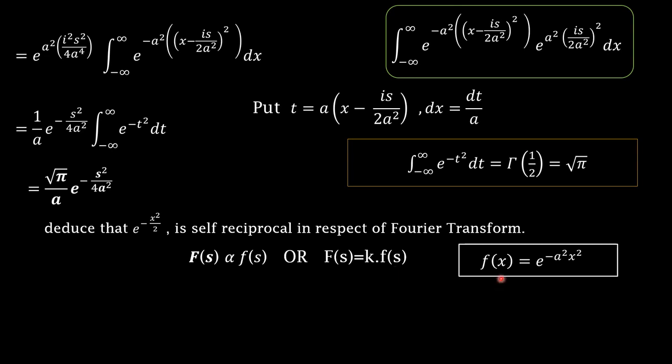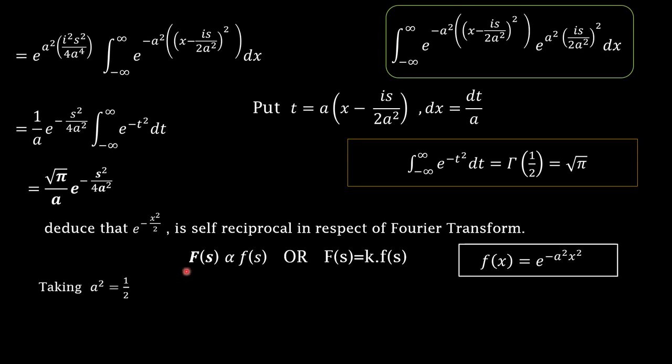Right now we have the Fourier transform of the function e to the power minus a square x square, isn't it? Which is given by root pi by a into e to the power minus s square by 4a square. Now to get the Fourier transform of e to the power minus x square by 2, let me just substitute the value of a square as 1 by 2 in the above expression itself.